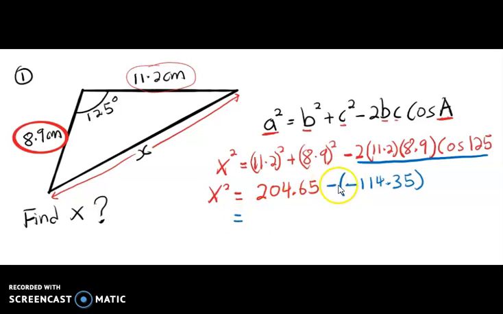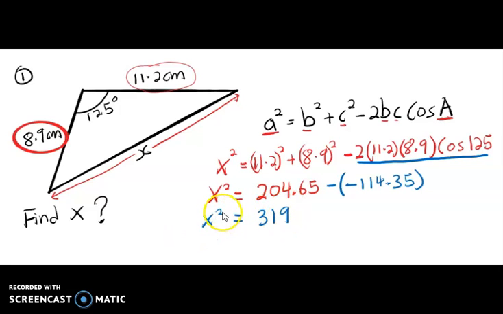So here it becomes a plus, so 204.65 plus 114.35, and you will get your answer here, 319.